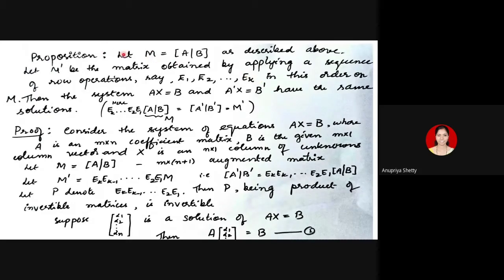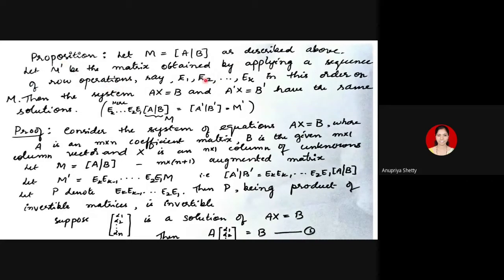So on the left of M, you will have Ek into Ek minus 1, etc., into E2 into E1, and then comes M, in the reverse order. Because first multiplying by E1, then by E2, then E3, E4, etc., by Ek, you go in the reverse order from right to left.